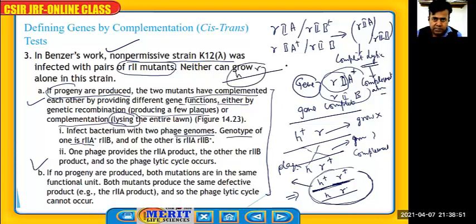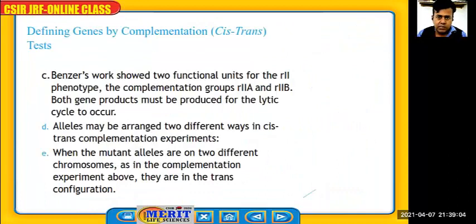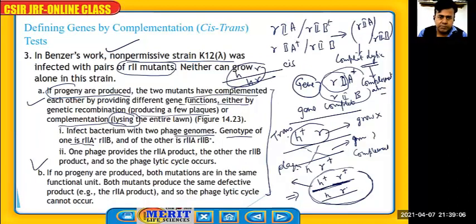What you can see, this is cis, right? And this is in the trans position. See, both the alleles are HR. So you cannot see any kind of product. That's why this was also called the cis-trans test. Cis-trans test, right? Is this clear?